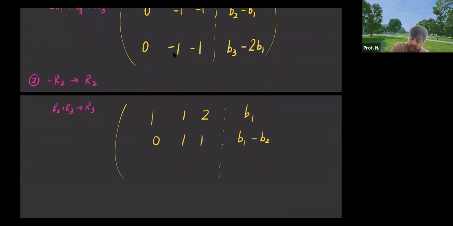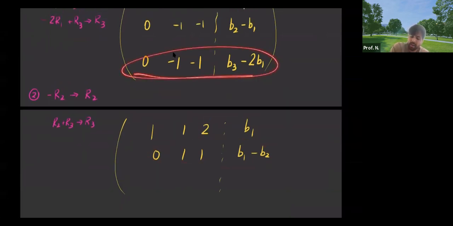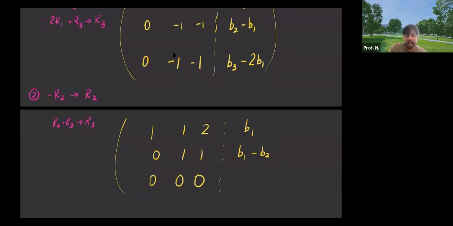When I add this row to this row here, I get zeros on the bottom. I have a row of zeros, but now I'm taking this guy and adding it to this. And when I add this, what do I get? I get B3 minus B2 minus B1.